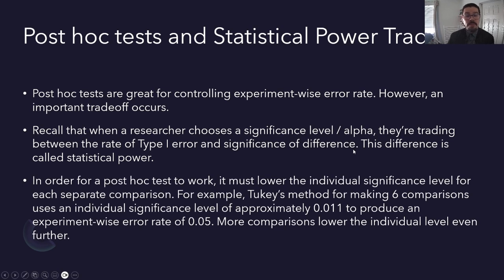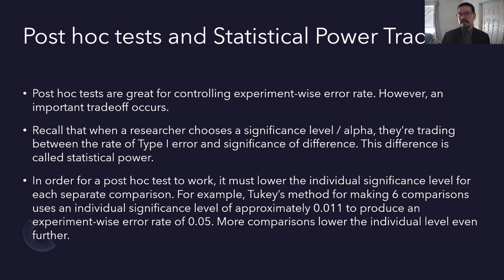In order for a post hoc test to work, it must lower the individual significance level for each separate comparison. For example, with a Tukey post hoc test, for making 6 comparisons, we actually use an individual significance level that is approximately 0.01 to produce a whole experiment-wise error rate of 0.05.